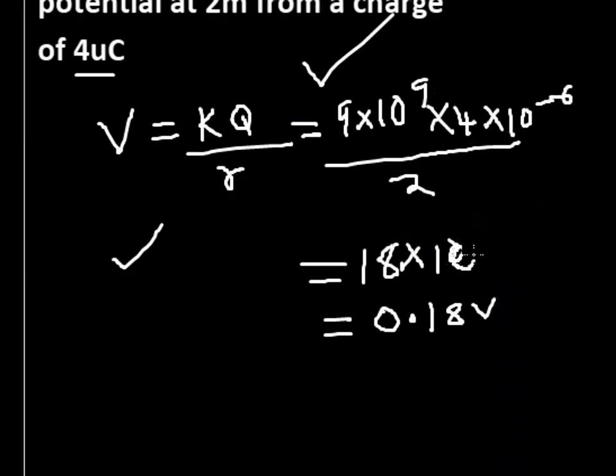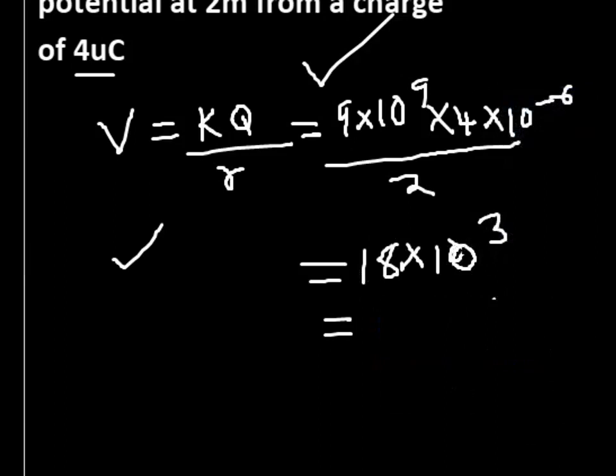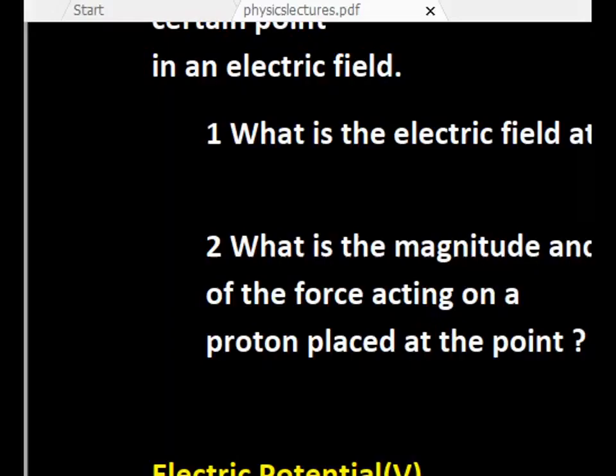It's 3. Which now makes this 18 times 1000. That's 18,000 volts. Okay, so that is it. Let's proceed.